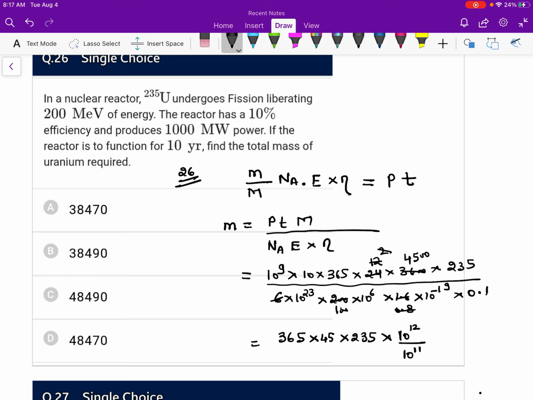Okay, so this is 365 into 45 into 235 into 10 grams. Okay, and we need it in kilograms, so 10 to power 3.